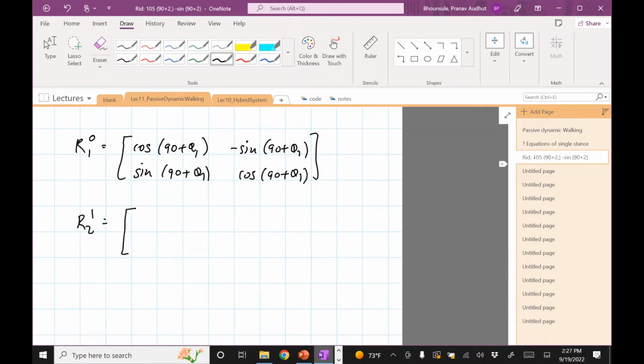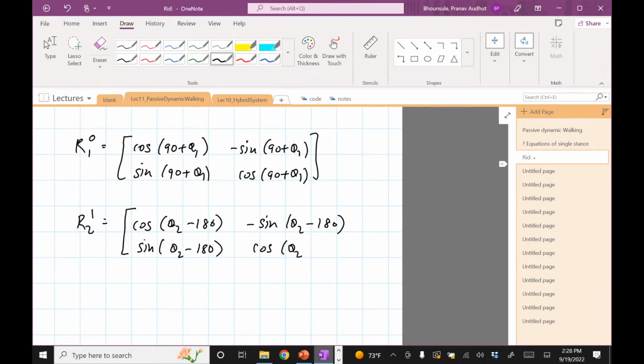R21, I just have to swap this with the angle I wrote for theta 2, which is cosine theta 2 minus 180, minus sine theta 2 minus 180, and cosine.